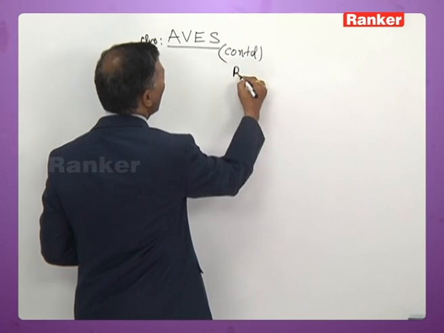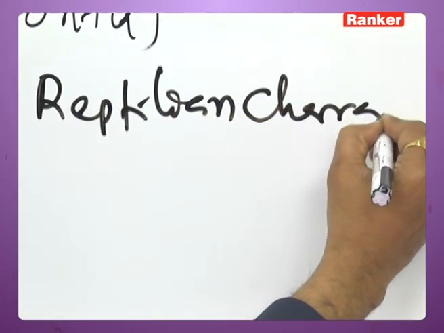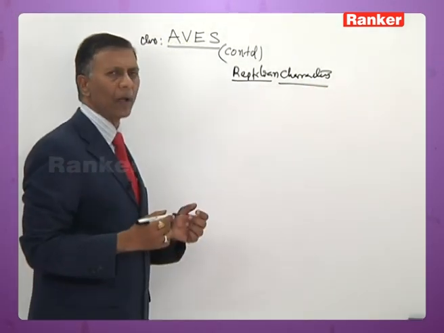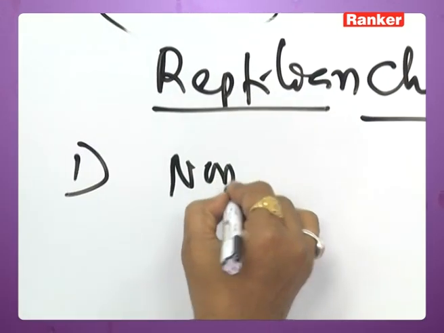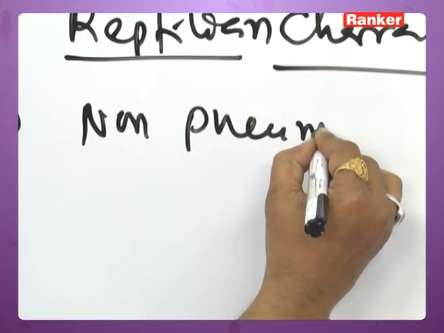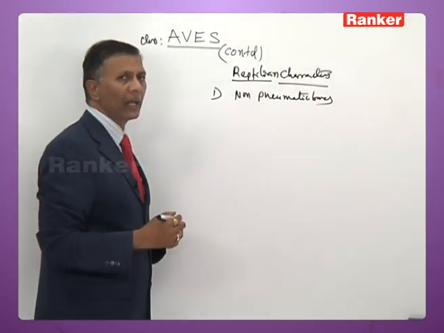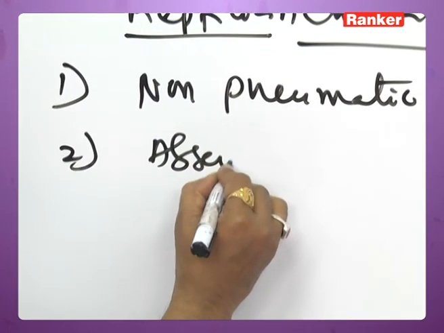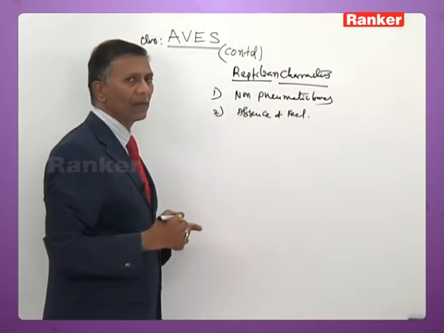And the reptilian characters of Archaeopteryx are: number 1, non-pneumatic bones. Number 2, absence of keel.